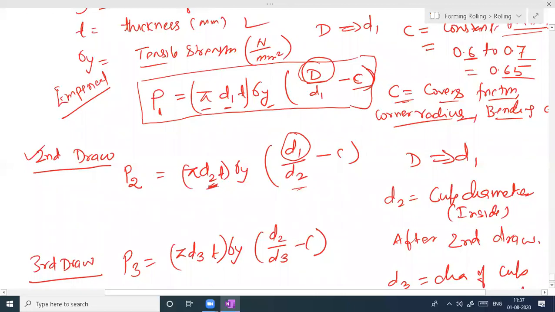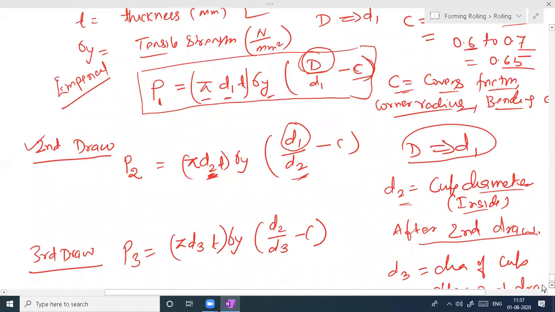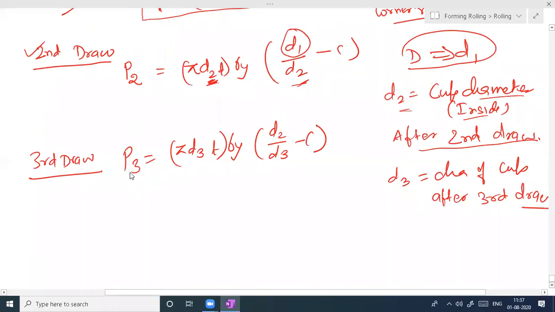D2 is the inside cup diameter after the second draw. If a third draw is required, then similarly pi d3 t sigma y, and D2 will now be the blank size for the third draw, so D2 by d3 minus C. Again, the C value is constant.